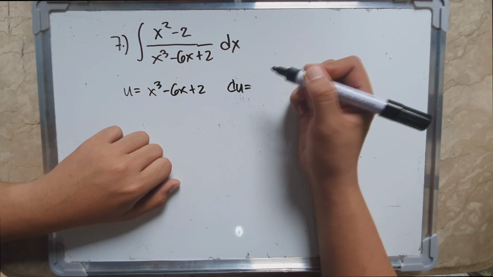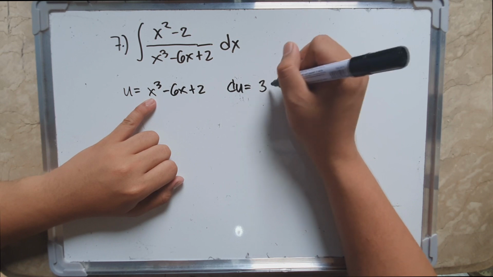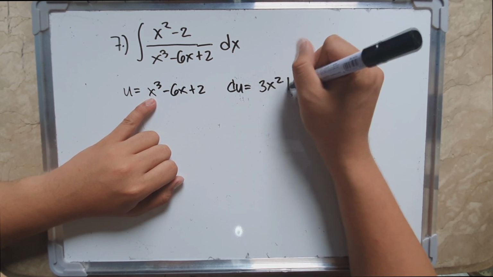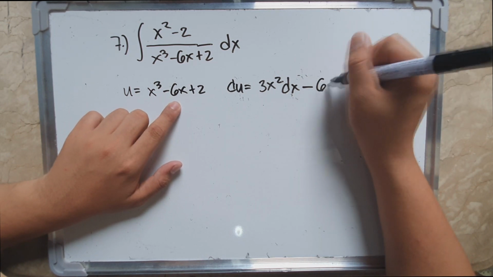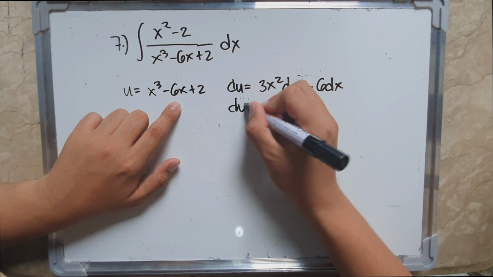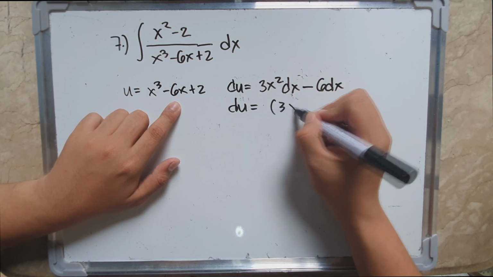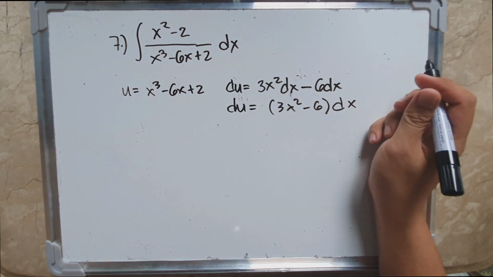What will be the derivative? The derivative of x cubed is 3x squared dx, minus the derivative of 6x, which is 6 dx. So we have 3x squared minus 6 dx.